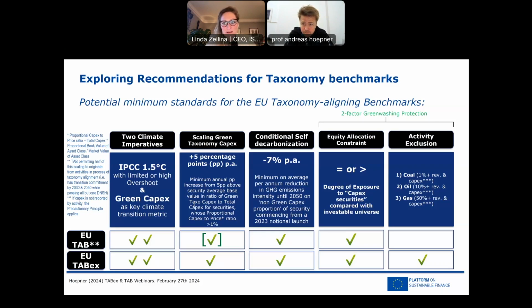Great. I think there's also another interesting question about the capex and subsidies. So does the scaling green capex take into account subsidies? Subsidies or subsidiaries? Subsidies. So this is the green capex as per last year's, in most cases, IFRS report.